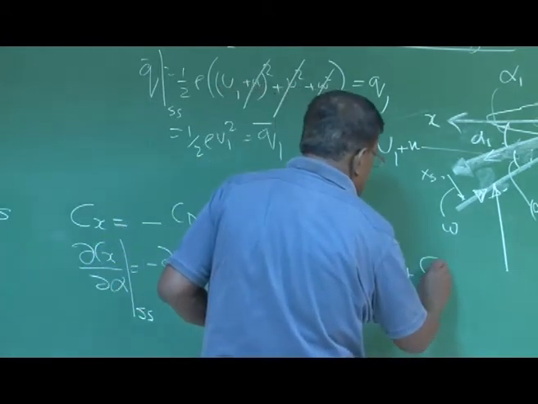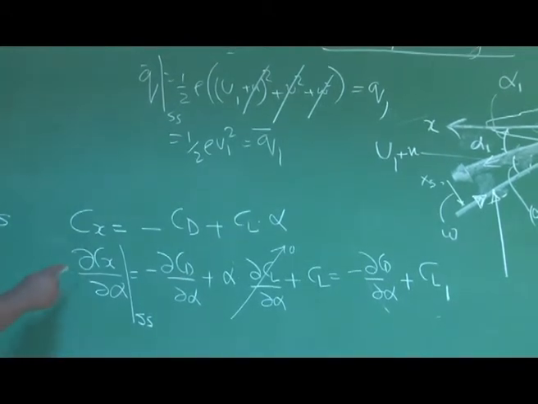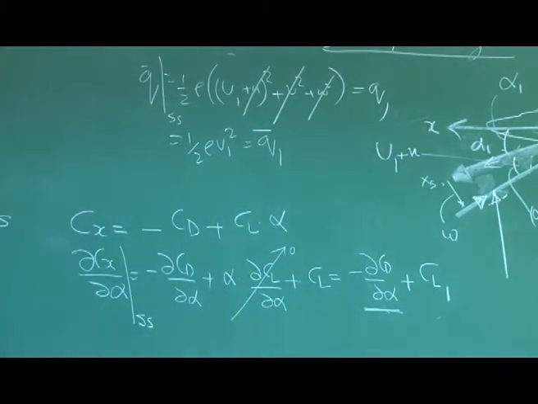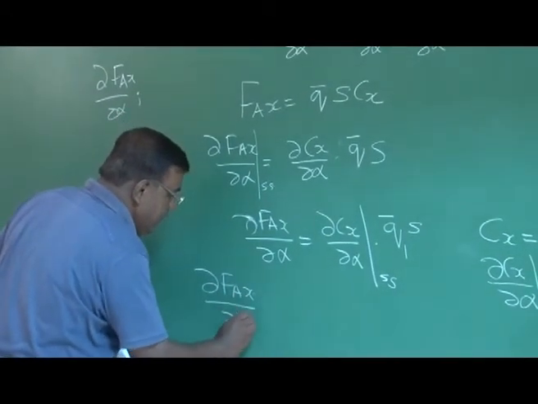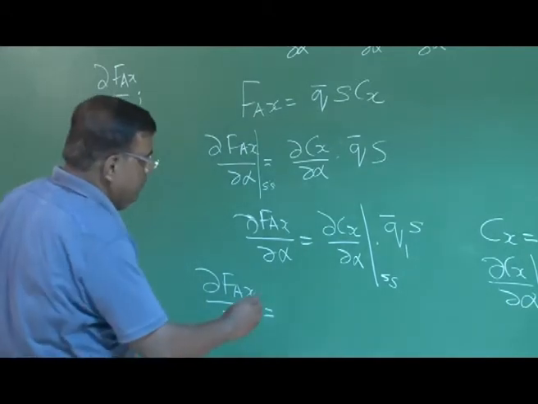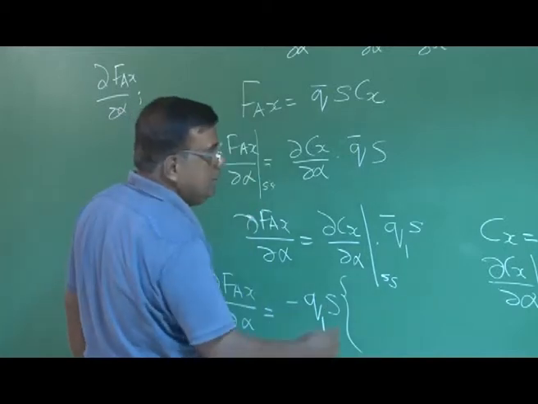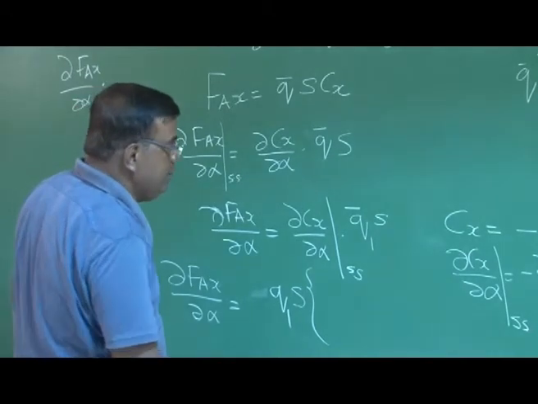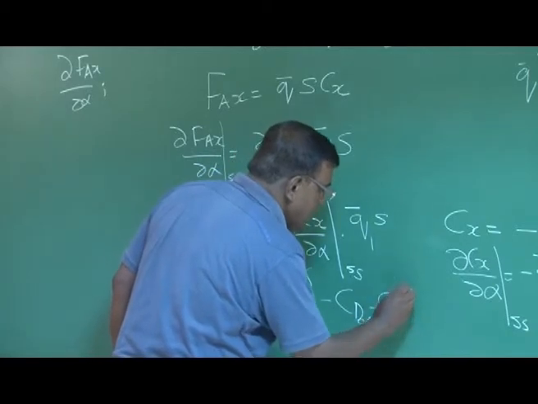So I get at steady state, this is minus dCd by d alpha plus Cl, but Cl at steady state, so Cl1. So what do you get? The expression of dCx by d alpha as minus dCd by d alpha plus Cl1. So dFax by d alpha becomes q1 S times dCx by d alpha, so it is minus Cd alpha plus Cl1.